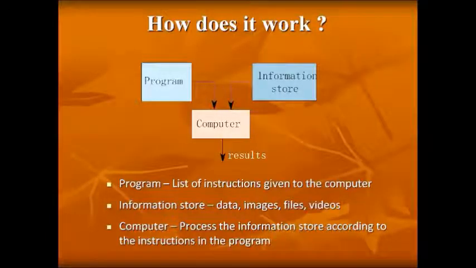A computer is composed of a program and an information store that provides results. Now, the program is a list of instructions given to a computer. And the information store holds data, images, files, and video. The computer processes the stored information according to the instructions in the program.